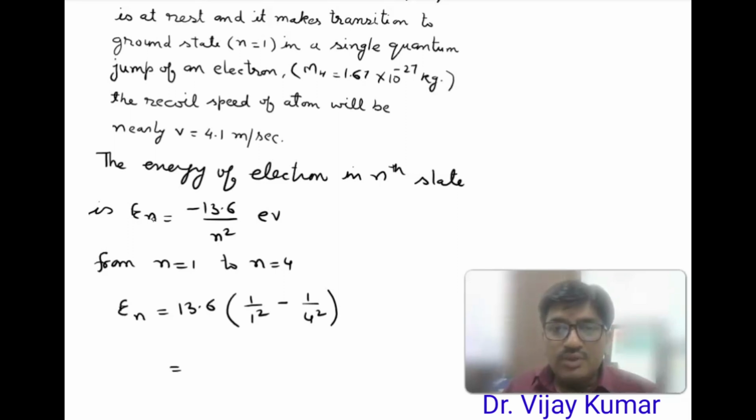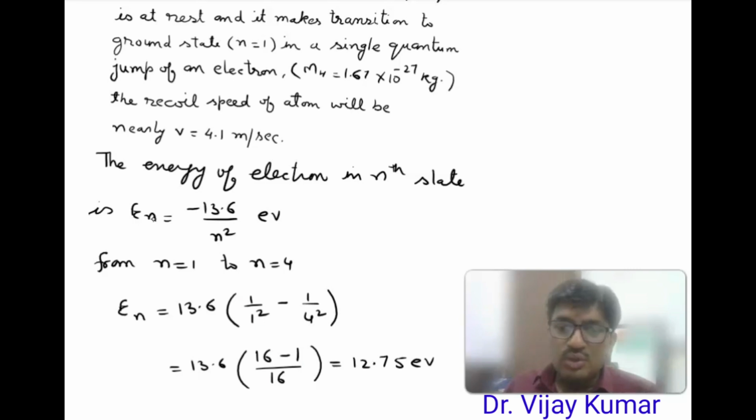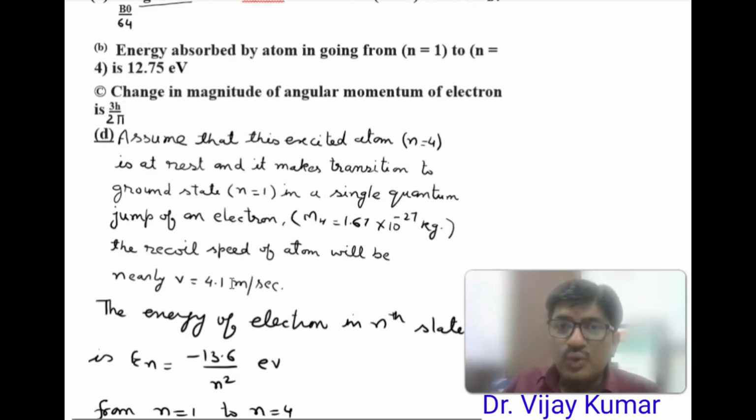If we solve it, 13.6 times 16 minus 1 upon 16, it becomes 12.75 electron volt. This is the energy during the transition of the electron from 1 to 4.